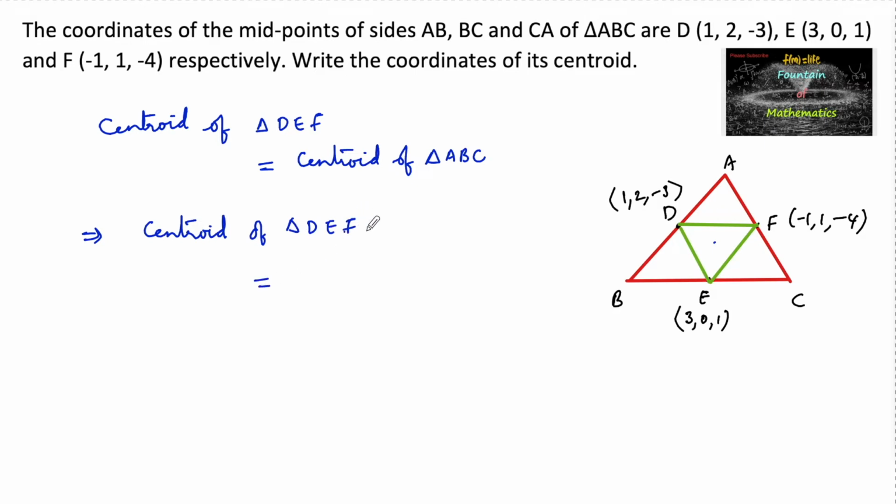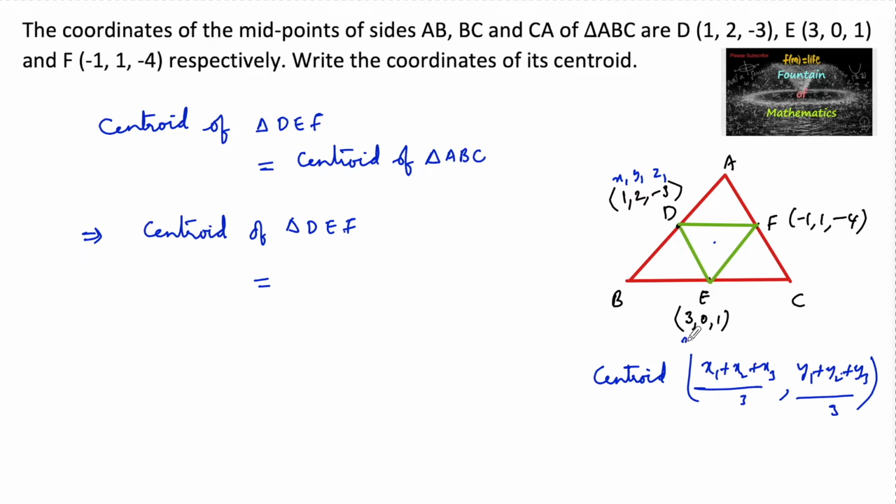So we know the formula for the centroid is ((x1 + x2 + x3)/3, (y1 + y2 + y3)/3), and similarly for the z coordinate, (z1 + z2 + z3)/3. For triangle DEF we can consider (x1, y1, z1), (x2, y2, z2) and (x3, y3, z3).